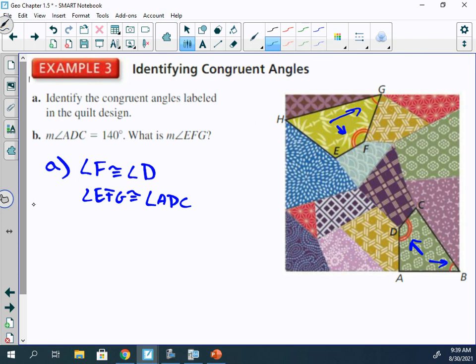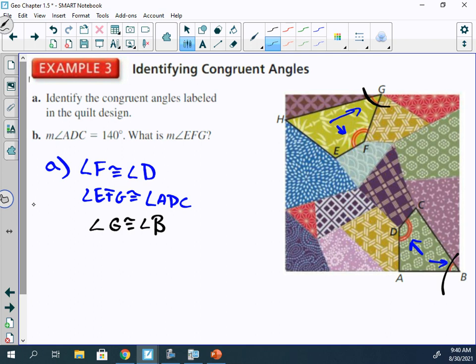What's another set of congruent angles here? G is congruent to angle B. Because if we look up here, G has 1. And down here at the bottom, B has 1.